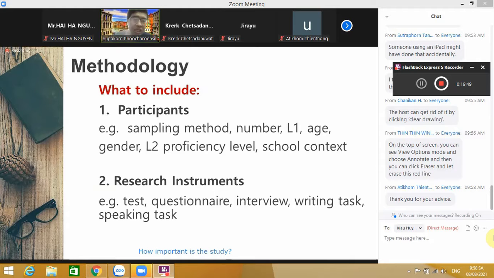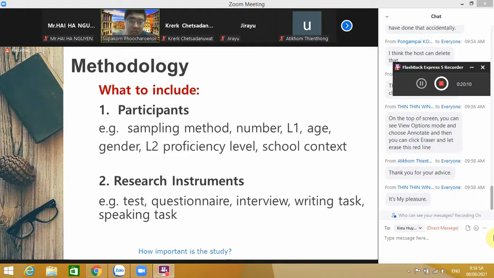What was the sampling method that you used to recruit the participants, right? How many? This is very important, right? Maybe what their L1 is, right? Do they speak L1 Thai, L1 Mandarin Chinese, or whatever? Age, gender. If age and gender are significant variables in your study, if not, you may leave them unmentioned, right?